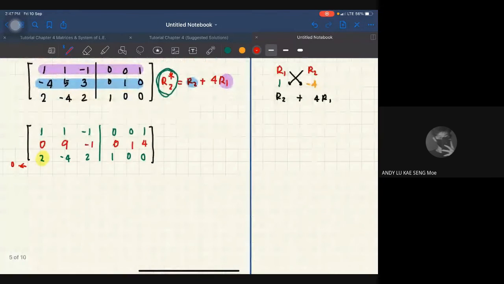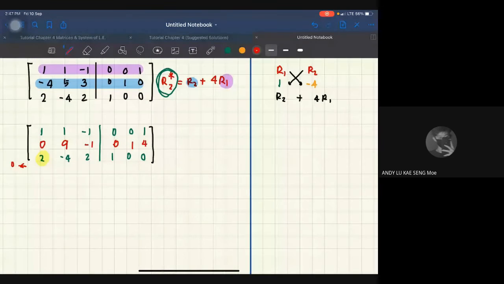So awak akan tulis kat situ R1. Okay, so sekarang kita akan tulis kita punya elemen. For R1, our element is 1. Elemen kita untuk R1. And then element for R3 is this one, 2. So you just write 2 over here.